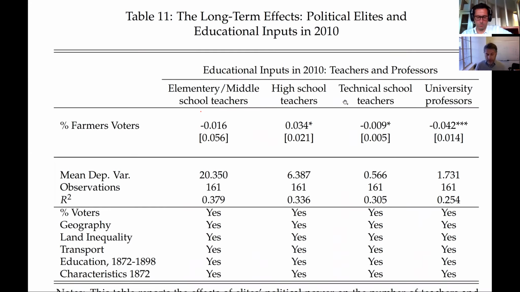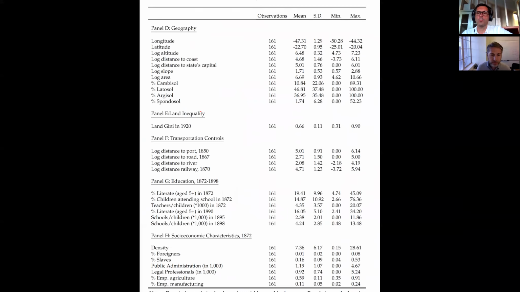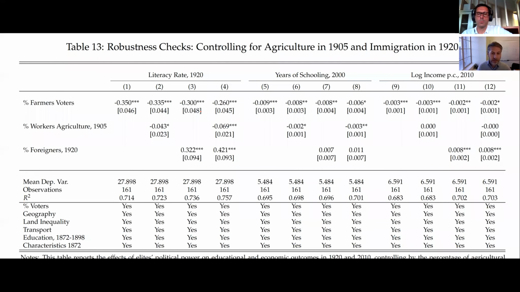And in fact, one thing that we do, let me see if I find this table here somewhere. Yes, here. Exactly because there was this push from foreigners for education, we control for that in the equation.